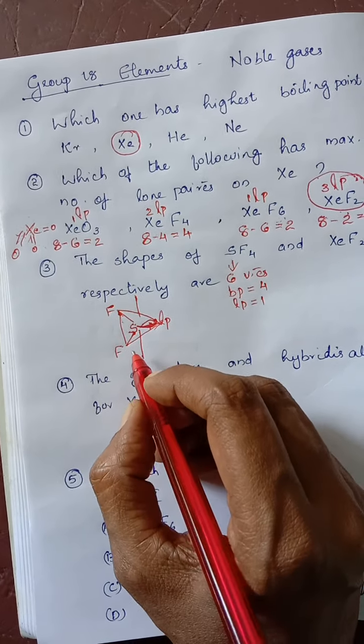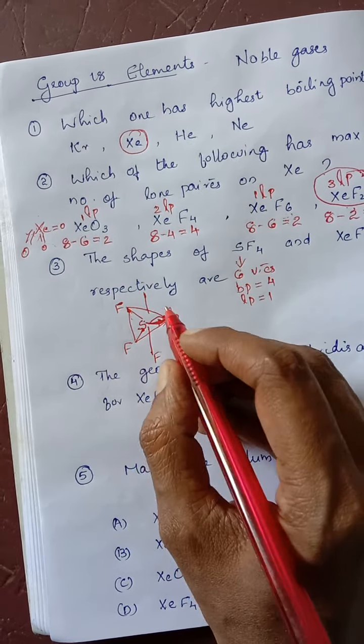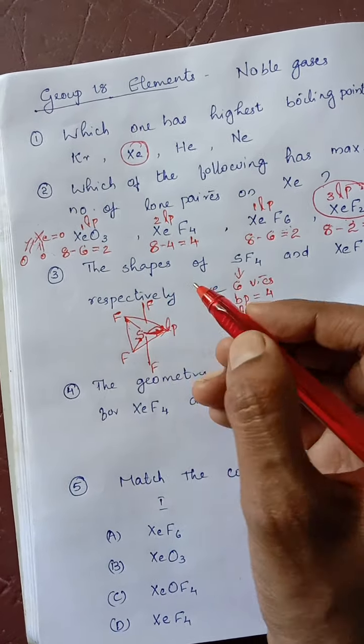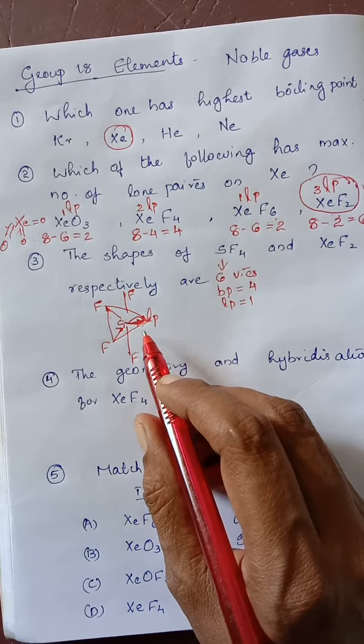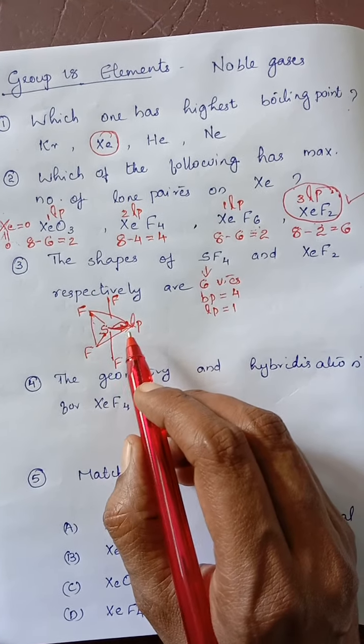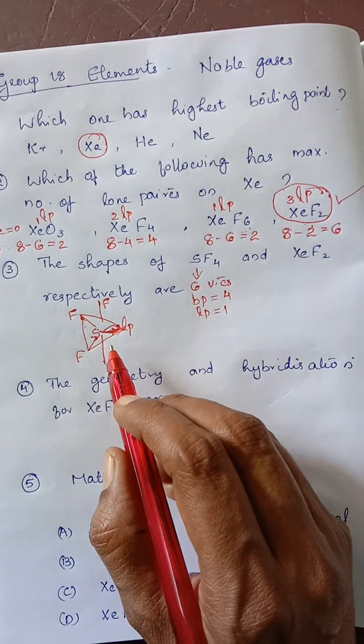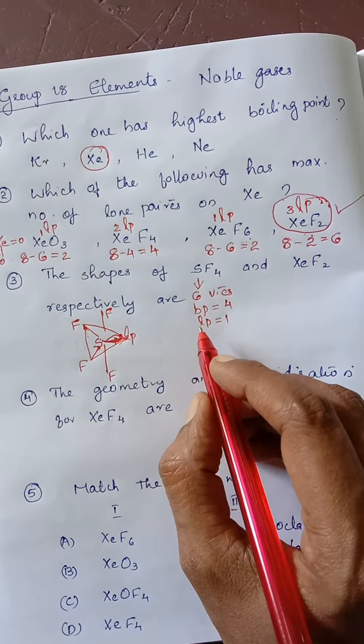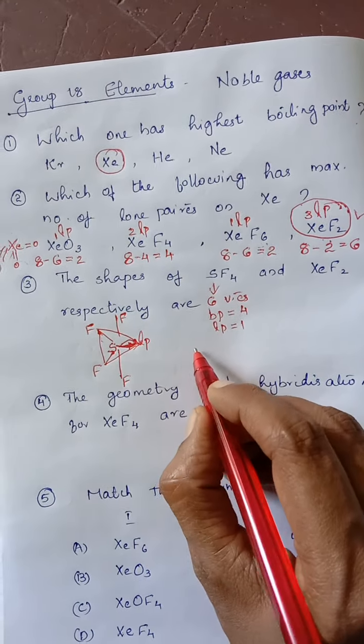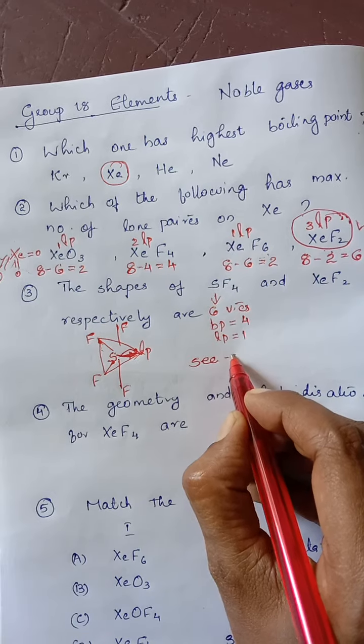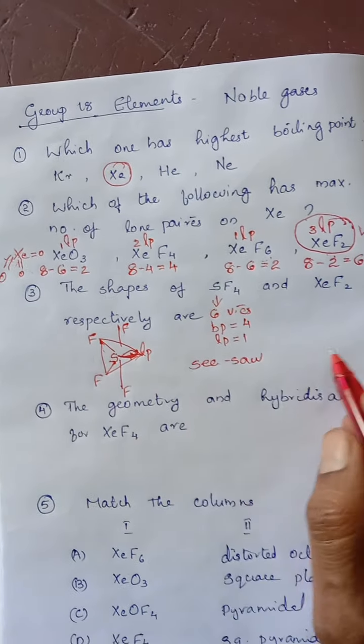Sulfur is at the center of the triangular plane, and the 2 equatorial positions and the 2 axial positions are occupied by fluorine atoms. This is the shape. So the trigonal bipyramidal geometry is distorted to seesaw geometry for sulfur tetrafluoride.